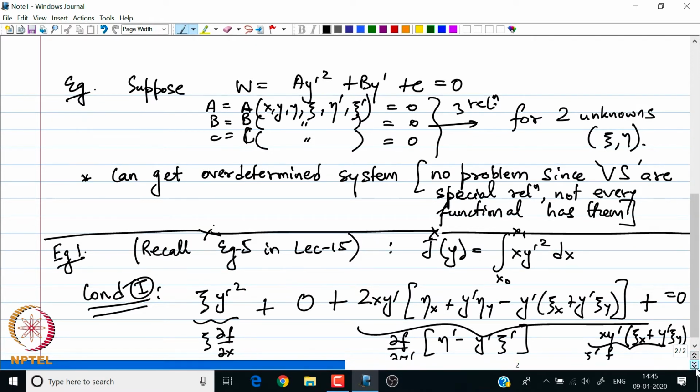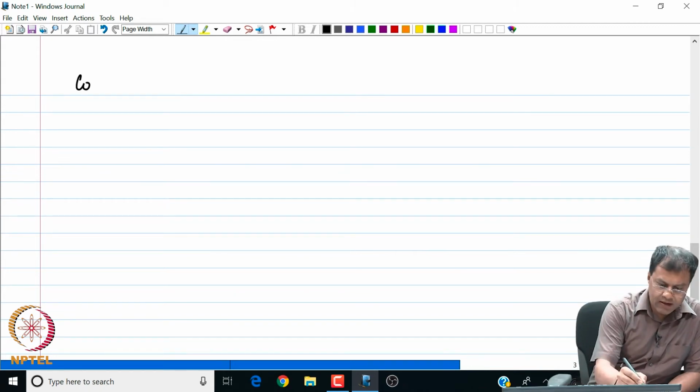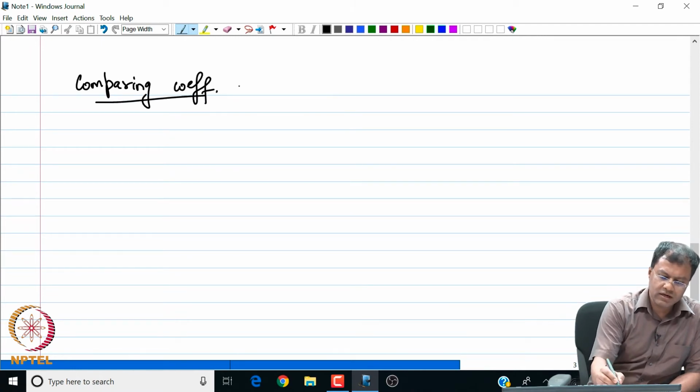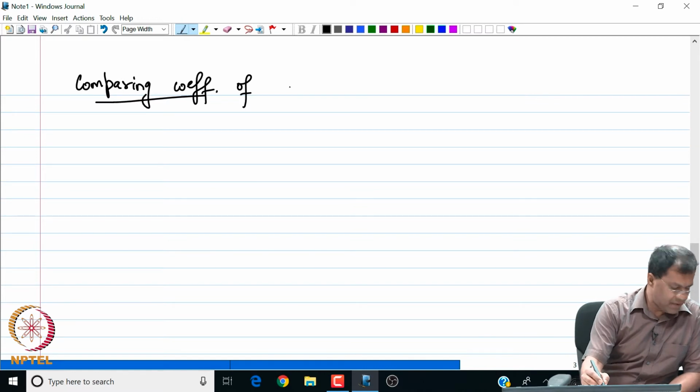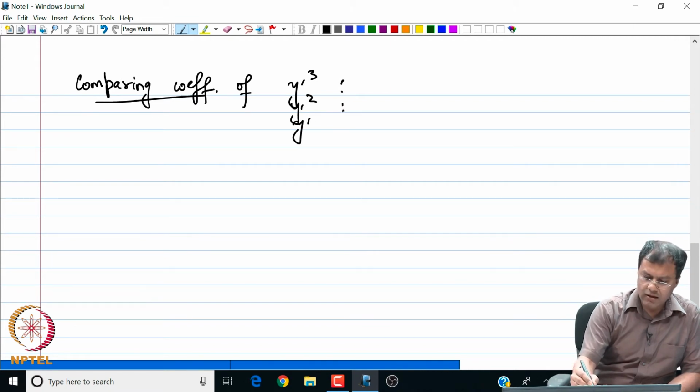When we do that, comparing the coefficients of y prime cube, y prime square and y prime, we get the following expressions.